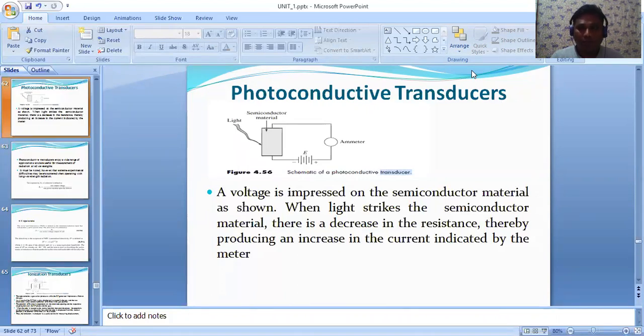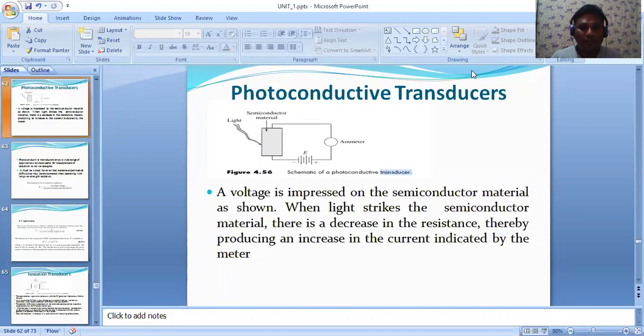The ammeter is used for measuring the energy from the light beam. So a voltage is impressed on the semiconductor material in this diagram.